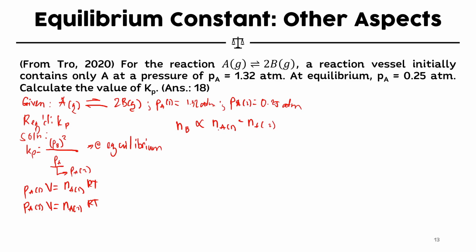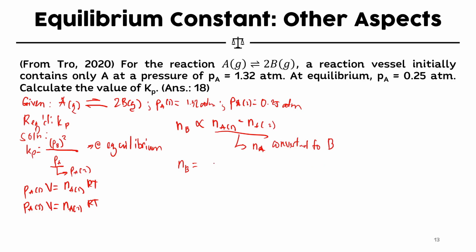Now remember that the number of moles of A initially minus the number of moles of A at equilibrium is the number of moles of A converted to B. So how do we get the number of moles of B formed? We need to convert this moles of A to moles of B.